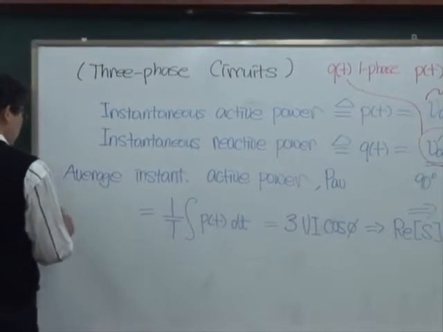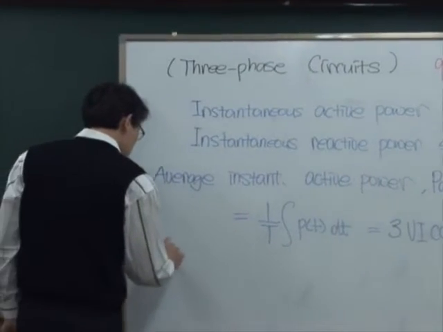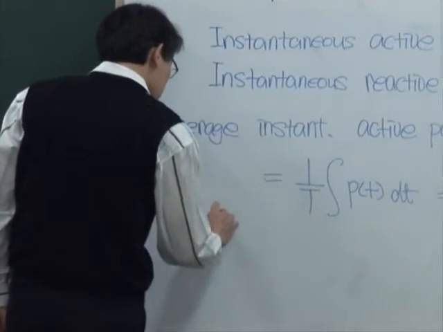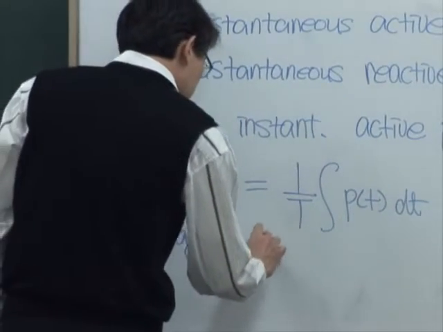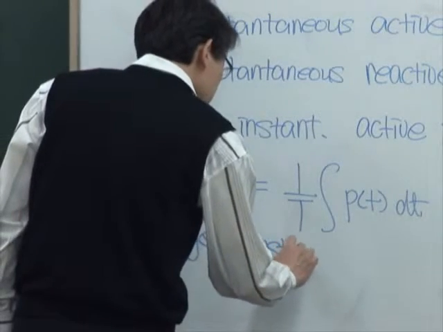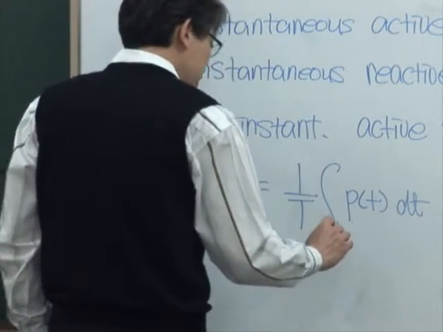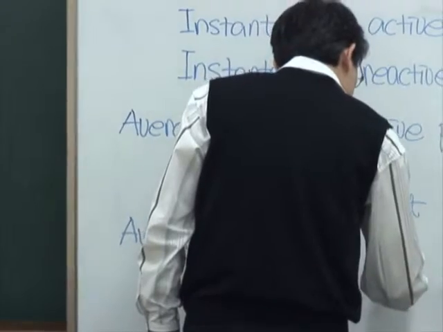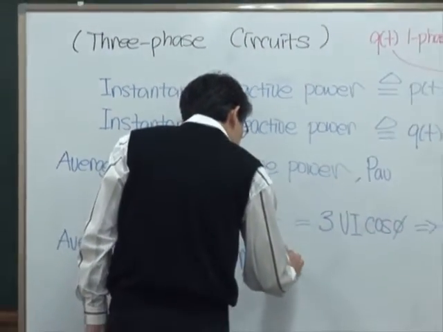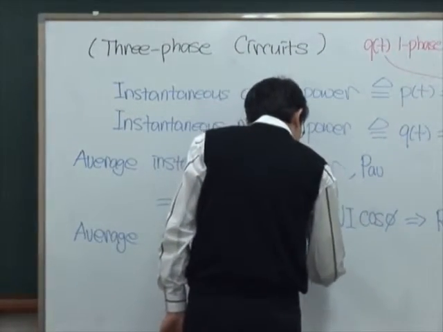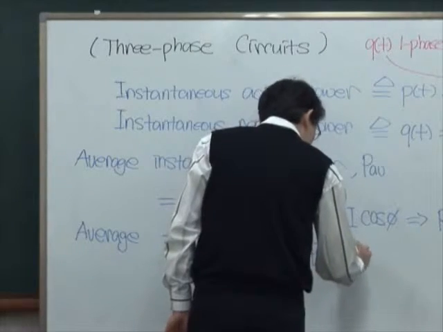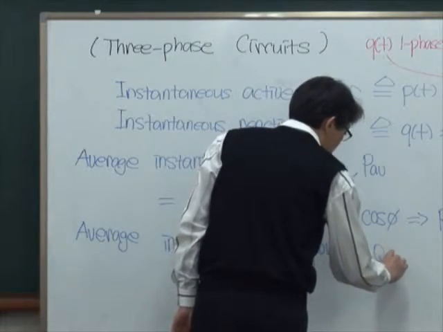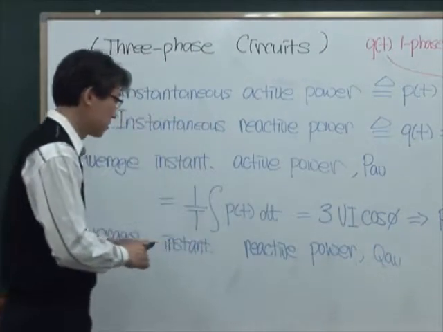Now, let's compute the average instantaneous reactive power. So we use the symbol QAV.